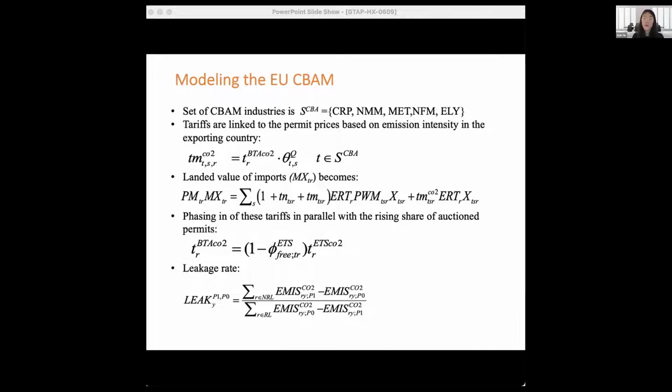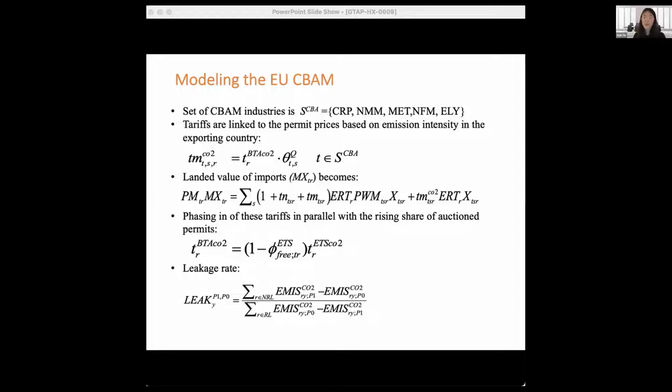So this is 1 minus the free share, multiplied by the ETS permit price. Okay. And then we define the leakage rate as the ratio of the increase in carbon emissions in non-policy regions to the reduction in policy regions when their system moves from one policy to another.